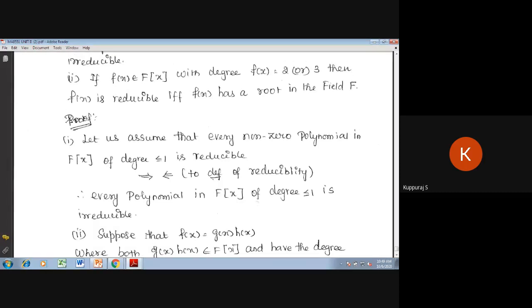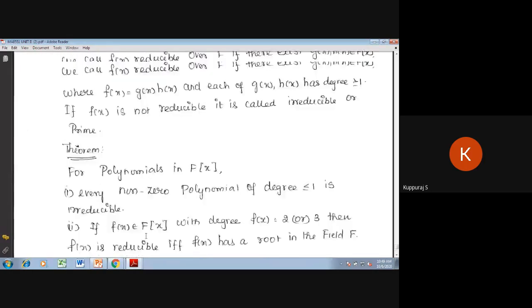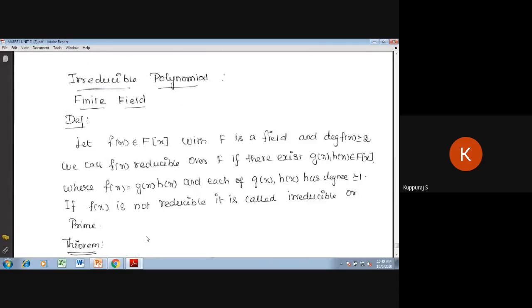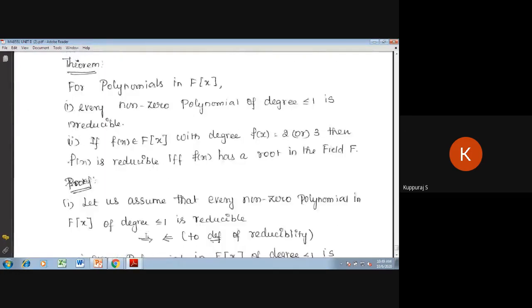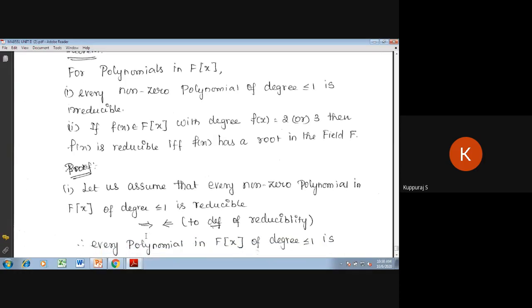Already we have seen in the definition that a polynomial whose degree is greater than or equal to 1 can be reducible. But here we have assumed every non-zero polynomial in F of x of degree less than or equal to 1 is reducible, which contradicts the definition of reducibility.